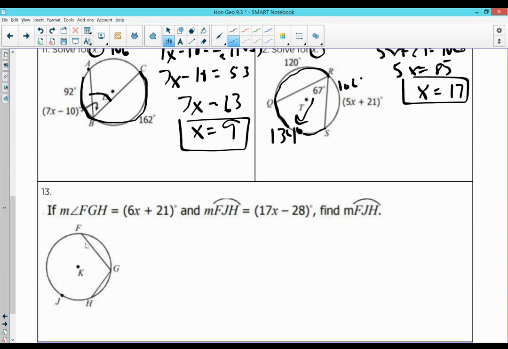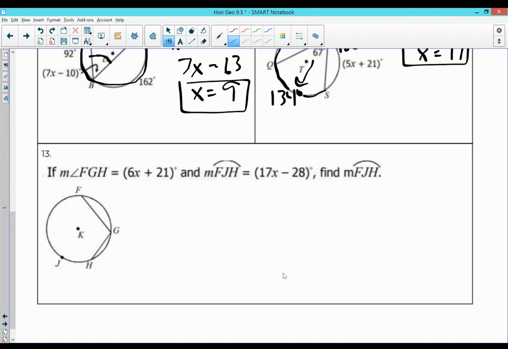All right, next one. Okay, so here's all algebra, so we have to label. If the measure of angle FGH is 6x plus 21, and the measure of arc FJH is 17x minus 28, that's the arc, find the measure of the major arc.